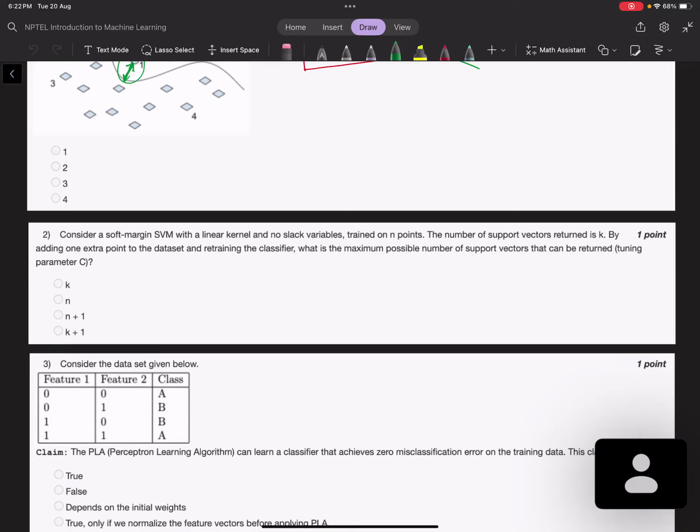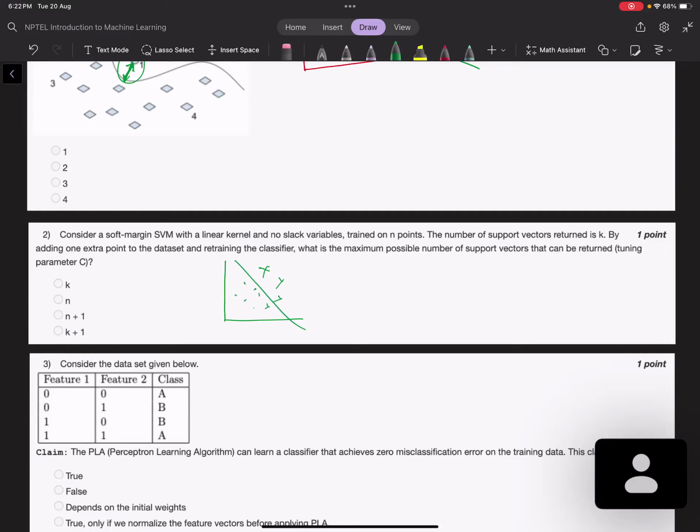So let's say we assume that there are endpoints of different classes, and so we created a soft margin classifier like this.